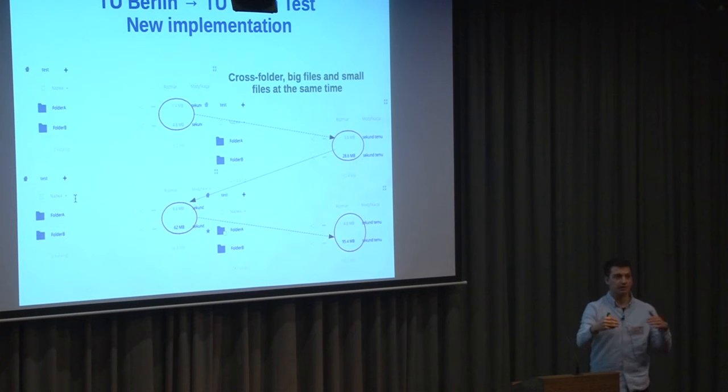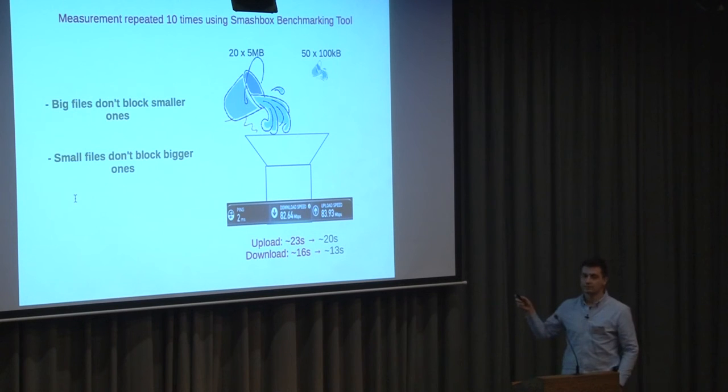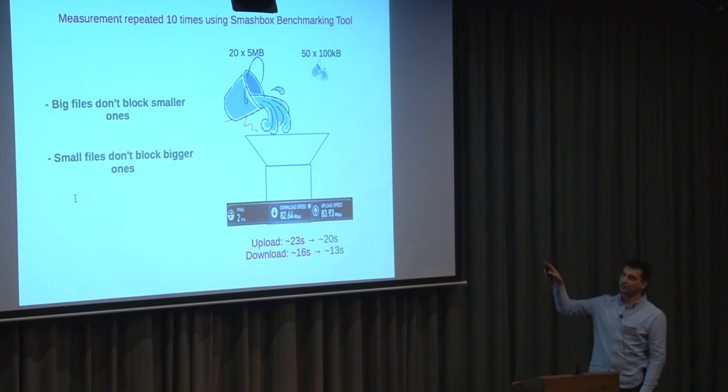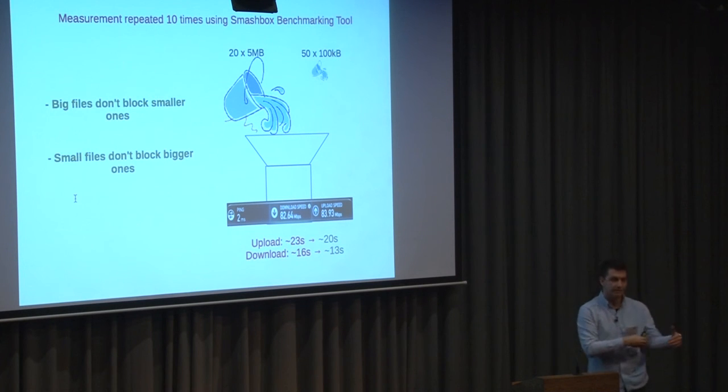So we didn't block the bigger files upload at all. The conclusion is that we not only stopped big files blocking the smaller ones and small files blocking the bigger ones, but I also saw some performance gain, since we utilized the bookkeeping time or latency time with raw data transfers.